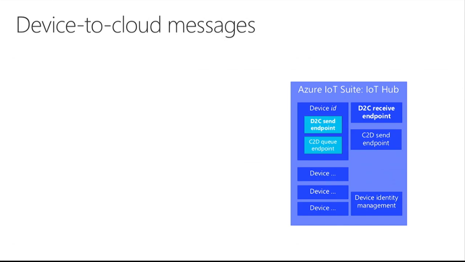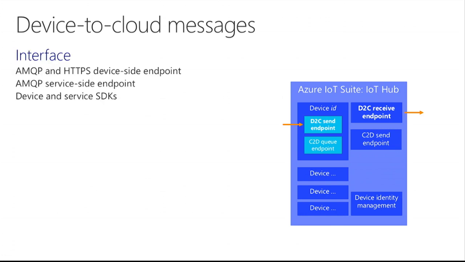Okay. Let's talk now about the device-to-cloud messages. Those are sent from the device send endpoint and received from the backend receive endpoints. The device endpoint supports AMQP and HTTPS protocols, and the server-side endpoint supports the AMQP protocol. Of course, we'll provide SDKs for both of those endpoints.